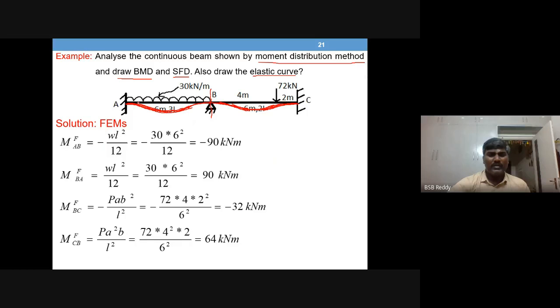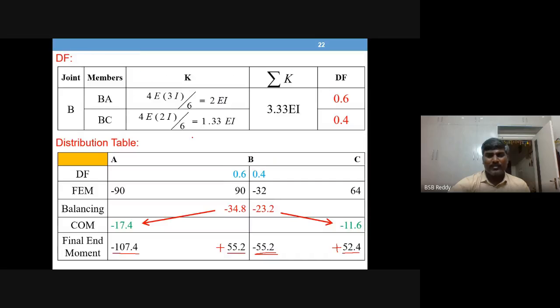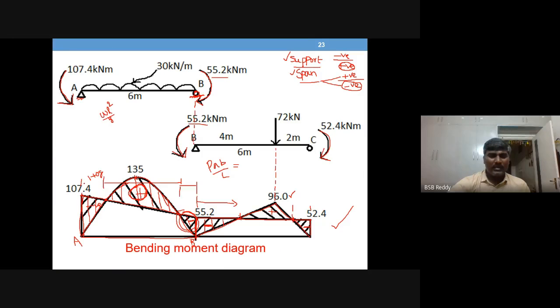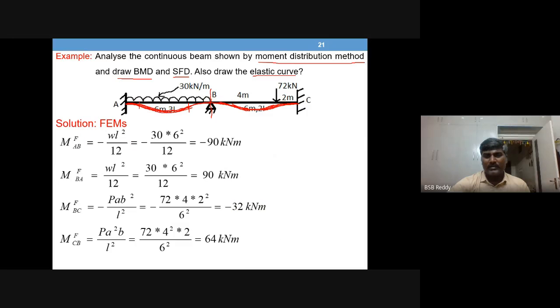You can see here very little hogging portion, more of sagging. The same is observed here. You see, a little hogging, more of sagging. But here you can see that hogging and sagging are of almost equal length. Then a very little hogging portion is drawn here.